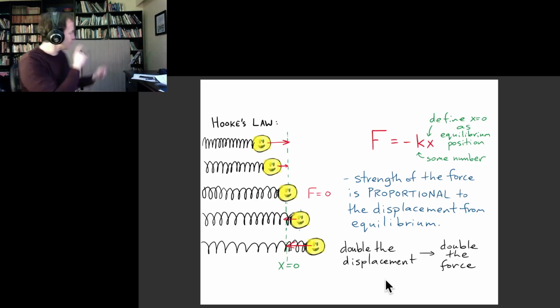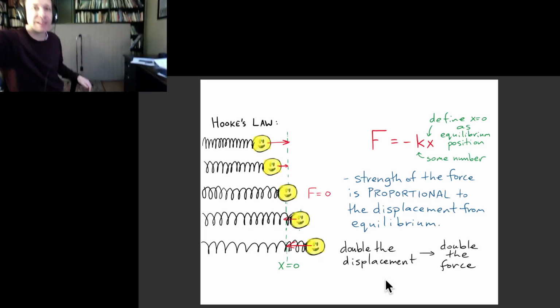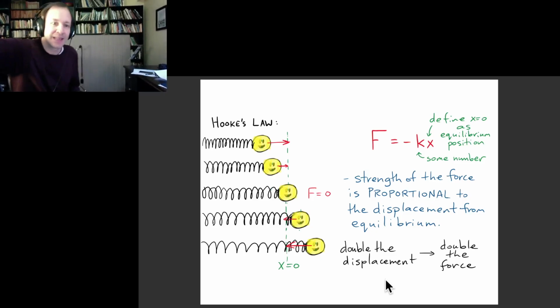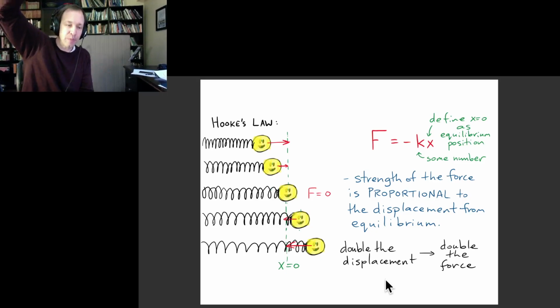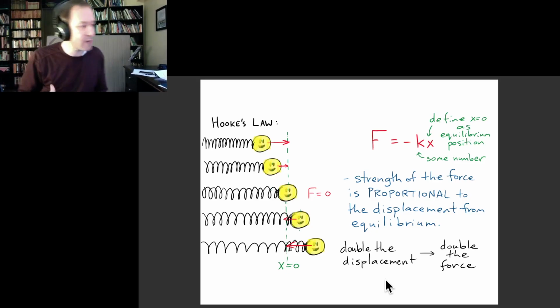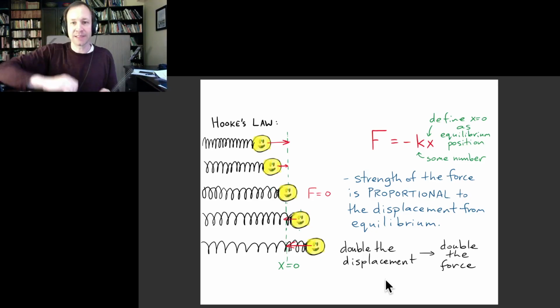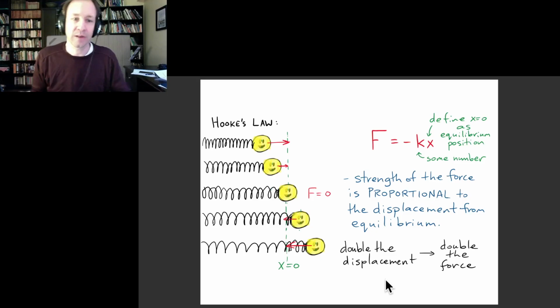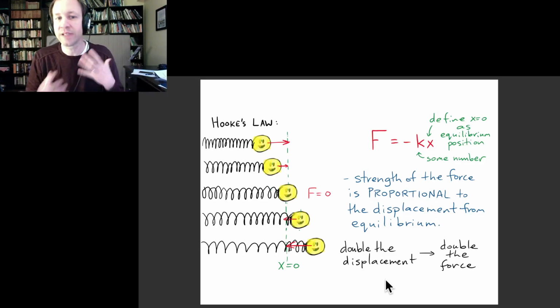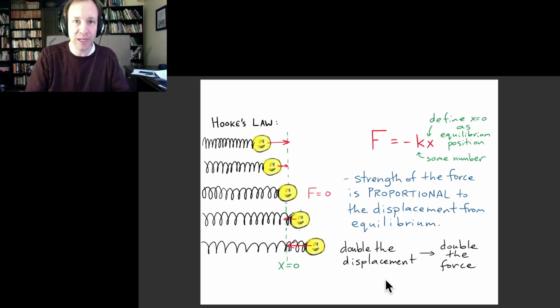For systems like the one that we have in the background there, if you can still see it, that's a spring. One of the nice things about these spring systems is that Hooke's law actually applies pretty well even for displacements that are not really tiny.